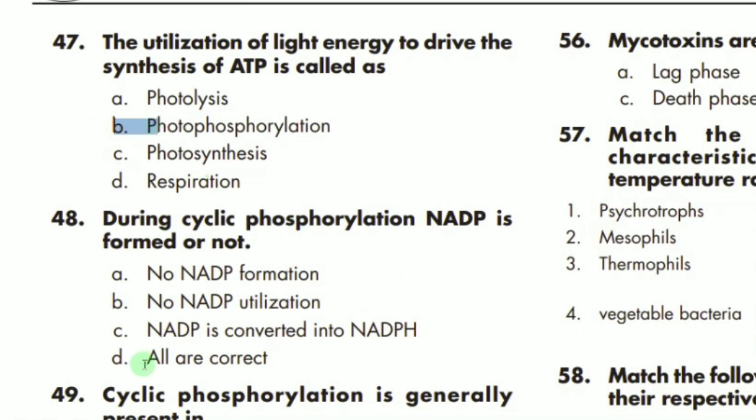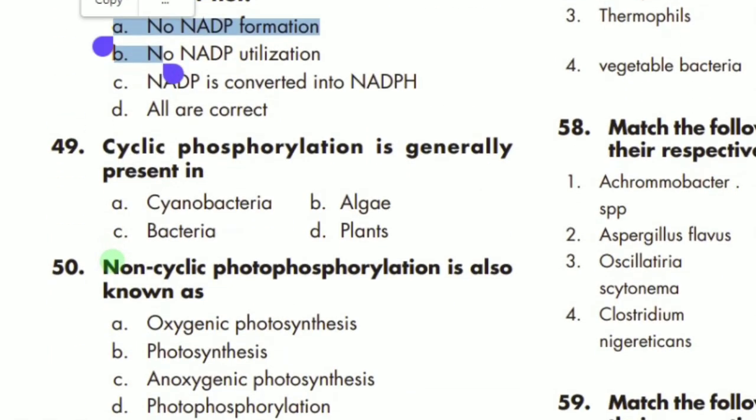The 48th MCQ says that during cyclic phosphorylation NADP is formed or sometimes not formed. What do we call that? It is actually no NADP formation. A is the correct option. Then MCQ number 49 says that cyclic phosphorylation is generally present in cyanobacteria. A is the correct option.